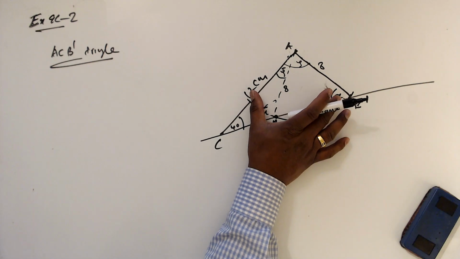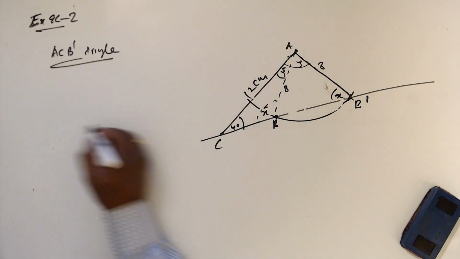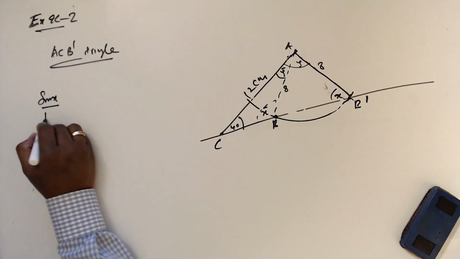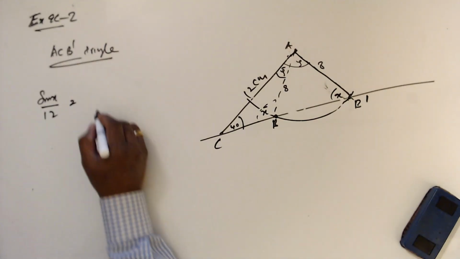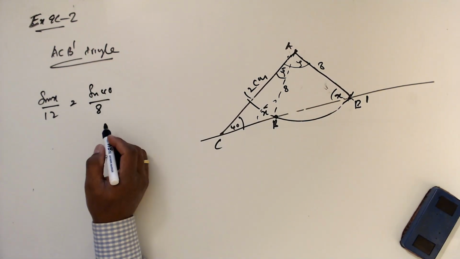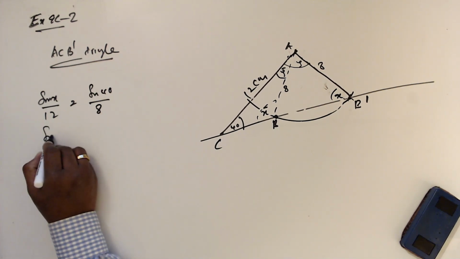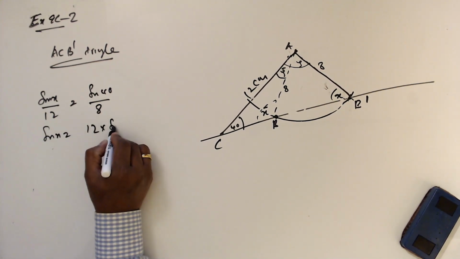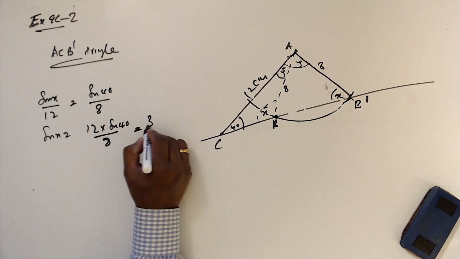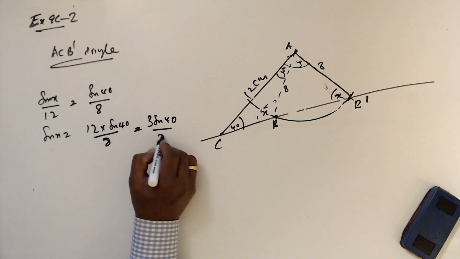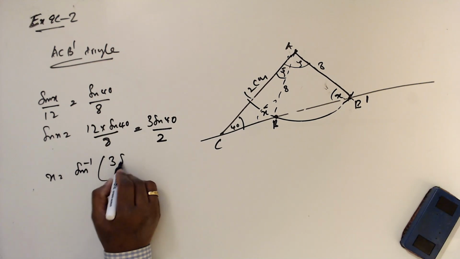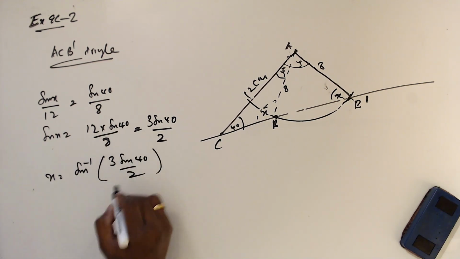So first of all, I'll consider this one. This is going to be sine x over 12 equals sine 40 over 8. So sine x equals 12 times sine 40 over 8. I can cancel by 4: 3 sine 40 over 2. Then x equals sine inverse of 3 sine 40 over 2.